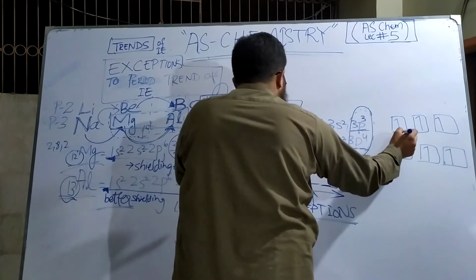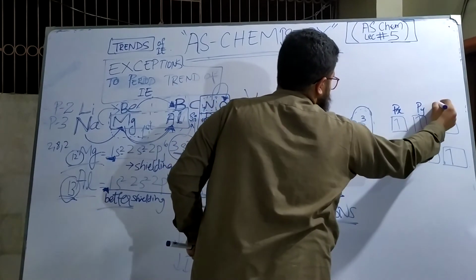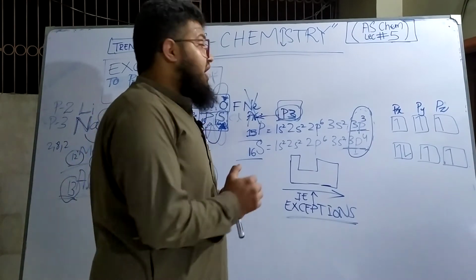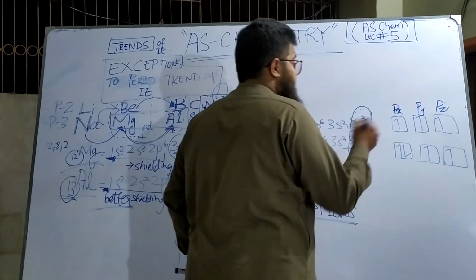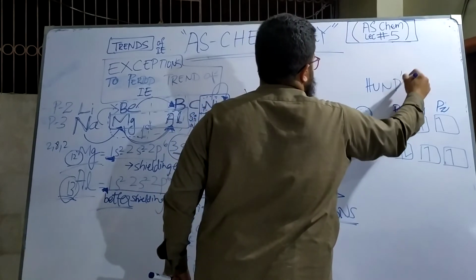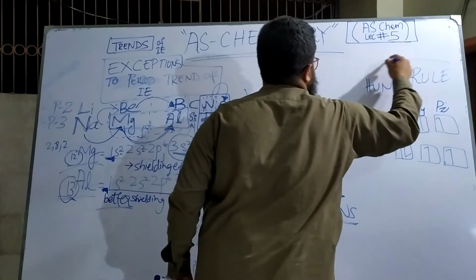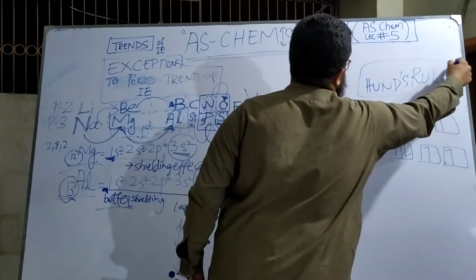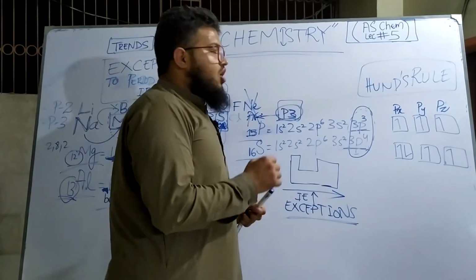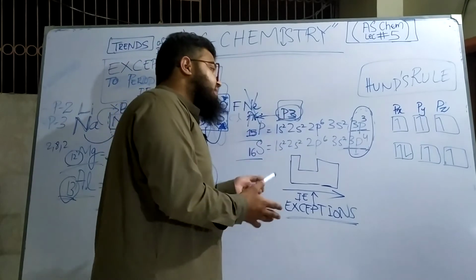Remember, the p subshell includes 3 orbitals, px, py and pz. Now in these 3 orbitals, if you follow Hund's rule, remember Hund's rule? How does Hund's rule apply? Hund's rule says that the electrons will always first fill the orbitals which are empty and then will pair, or you would say that the electrons will always fill singly first and then will pair up.